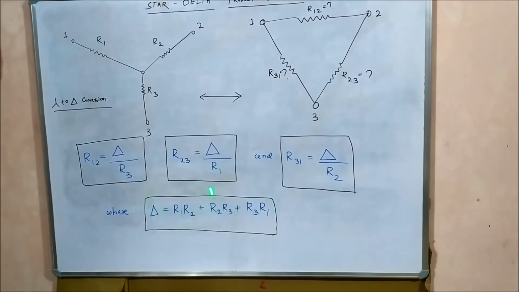Next we will study how to convert the delta form into star form, where R12, R23 and R31 are known and we have to find the values of R1, R2 and R3. So let's see how we can do that.